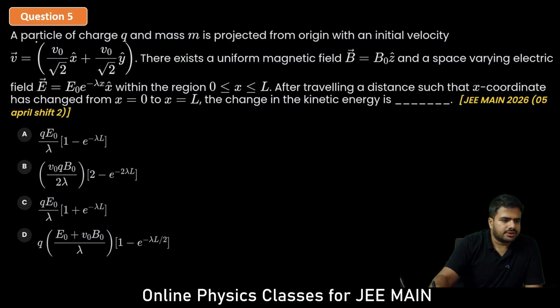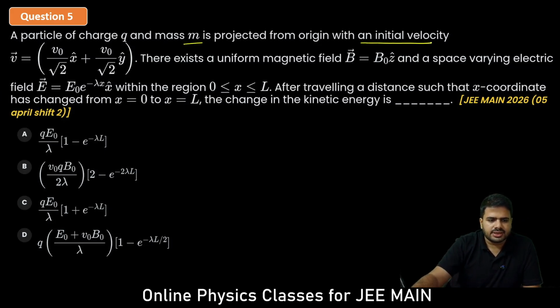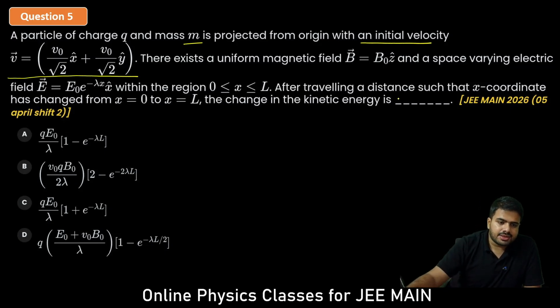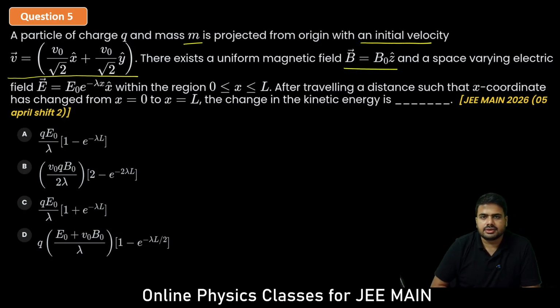So here the question they have given: a particle of charge q and mass m is projected from origin with an initial velocity, this is the initial velocity expression they have given, v by root 2 x cap plus v by root 2 y cap. There exists a uniform magnetic field B equal to B naught j cap and a space varying electric field.